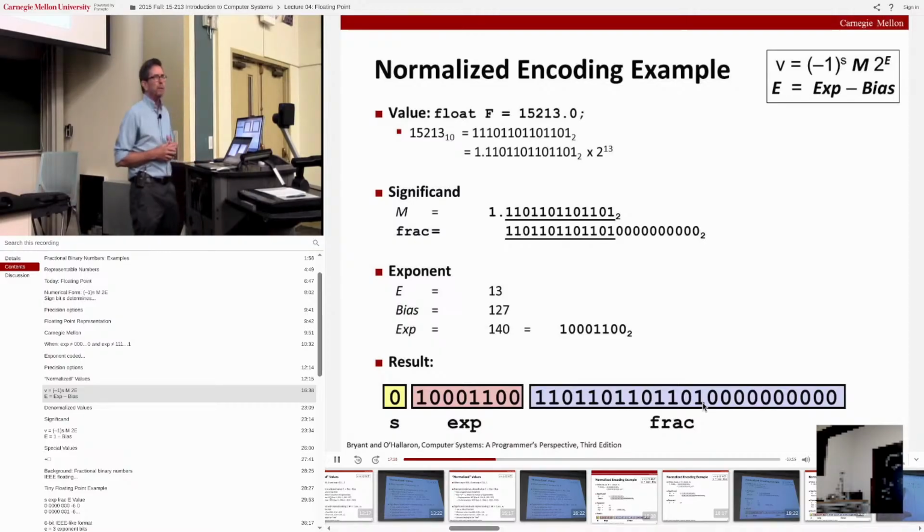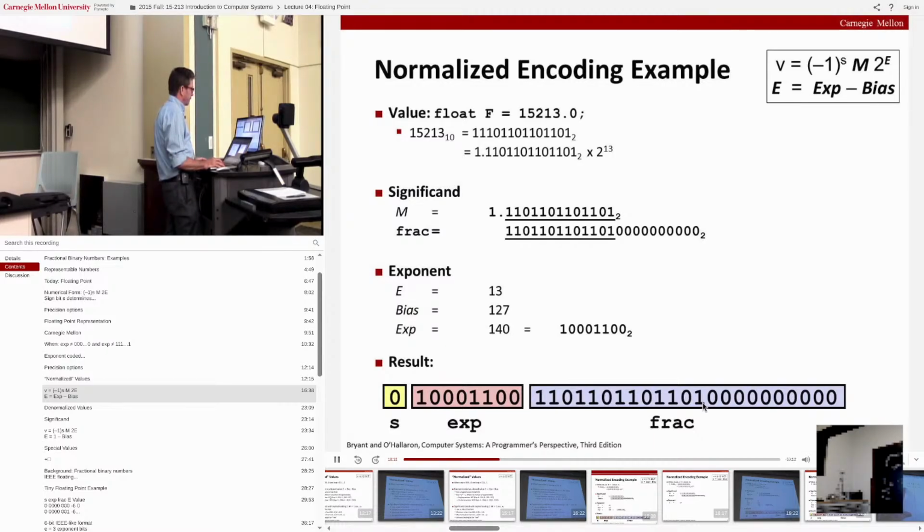Same number, we just normalized it so that there's always this leading 1. So the significand m is 1.11011 and so on. The frac field is everything to the right of the binary point. So we throw this 1 away, take the values to the right of the binary point, and then pad it out with zeros to get the 23 bits that we need for single precision. Okay, so now we've got our frac field.